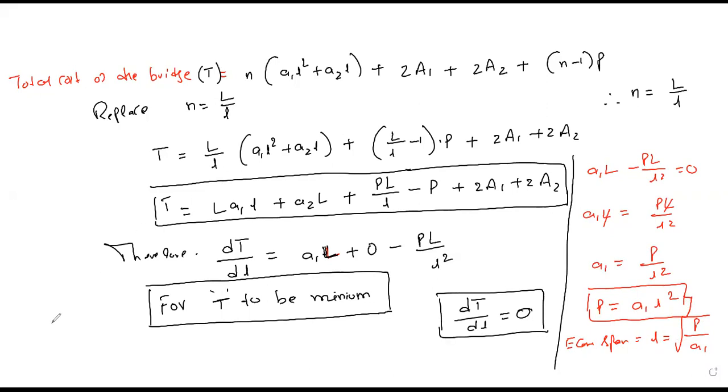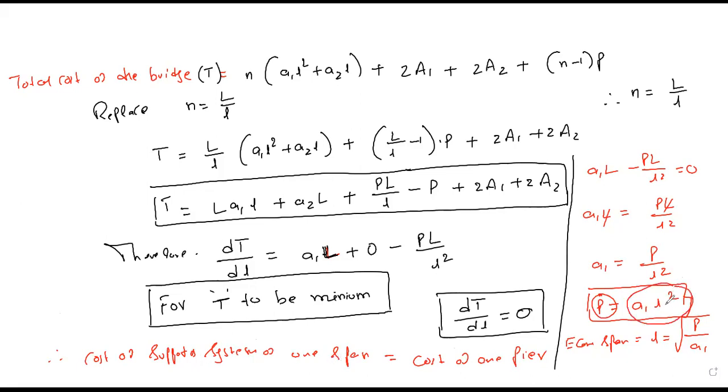So from this, what can I draw? I can draw that the cost of supporting system of 1 span is equal to the cost of 1 pier. And the cost of 1 pier is nothing but P. The cost of supporting system of 1 span is nothing but A1 l square.